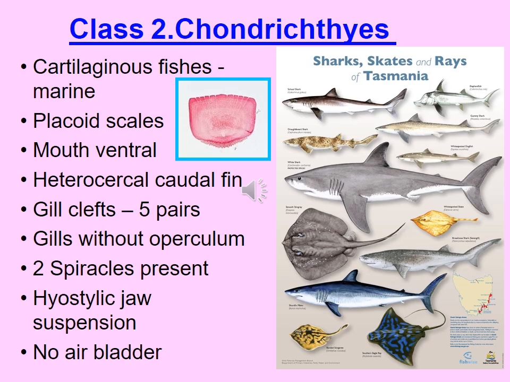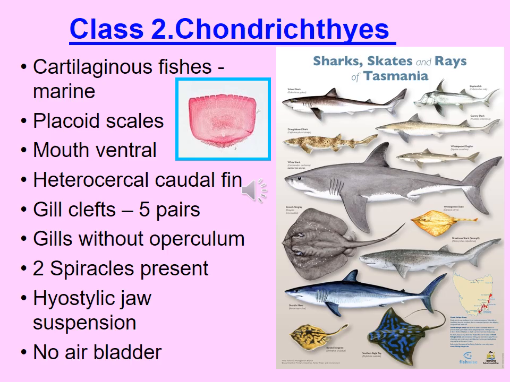Class 2 Chondrichthyes. These are the cartilaginous fishes. Most of them are marine, living in seawater. These fishes are covered with scales, and especially the scales are of placoid type. In these fishes, the mouth is located on the ventral side, and the caudal fin is heterocercal, that is, not equally divided.